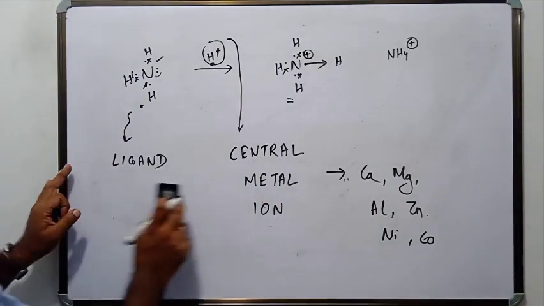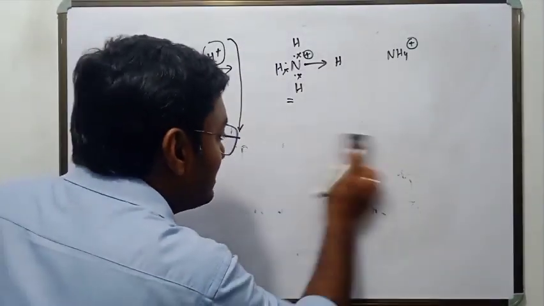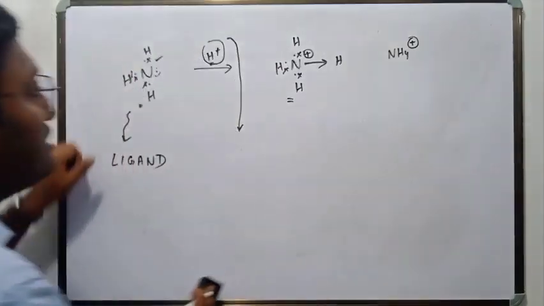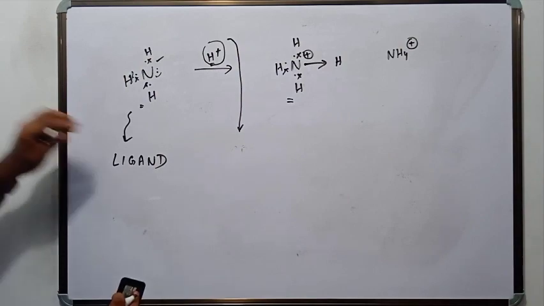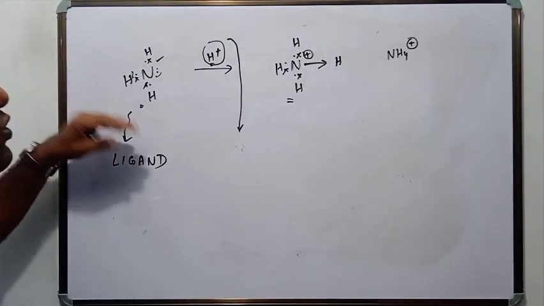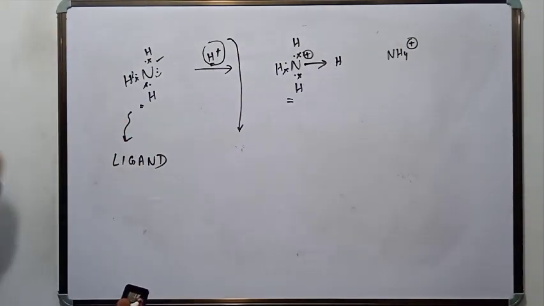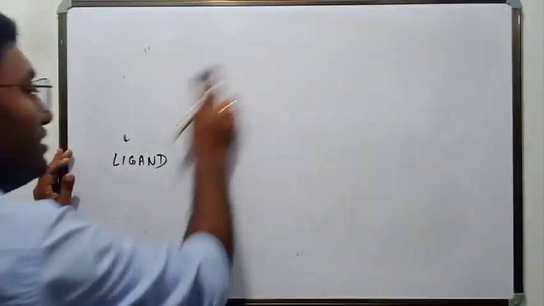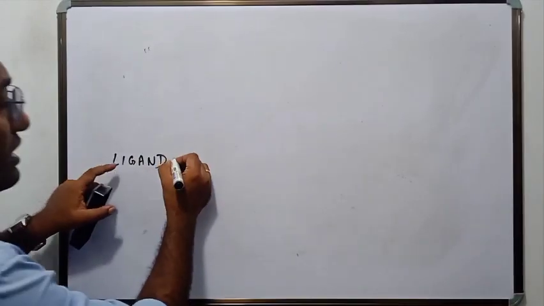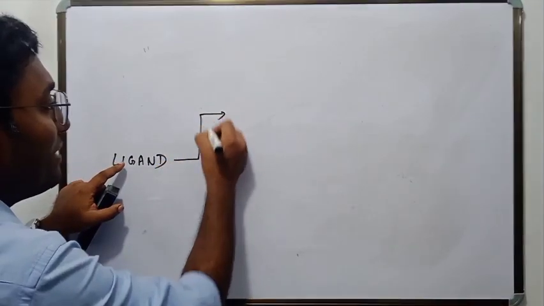And the ligand is the molecule that has the donor atom in it. So the ligand is actually acting as a donor of a pair of electrons. Now for the ligand to act as donor, it should have a pair of electrons.